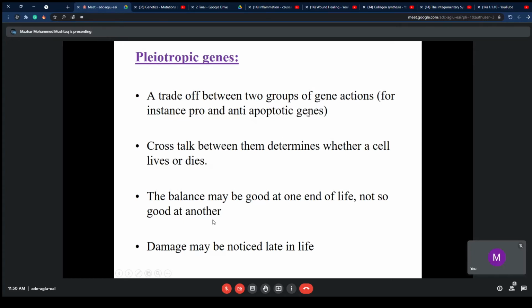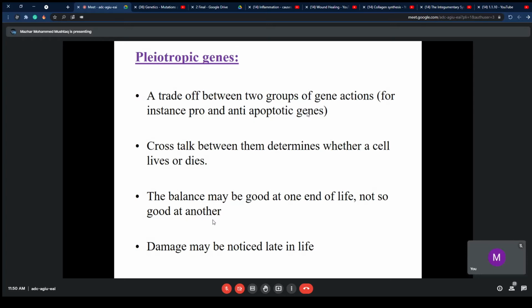Similarly, there are genes that are affecting the age also, the genes that are going to take us to aging and the genes that are going to prevent it. But eventually, as the cell goes into senescence, that will result in dominance of the aging genes, and one would end up in the aging phase.